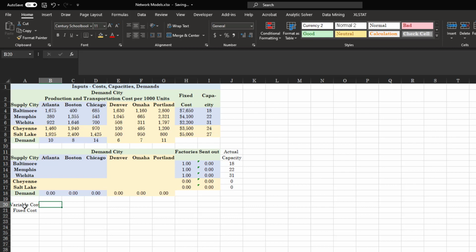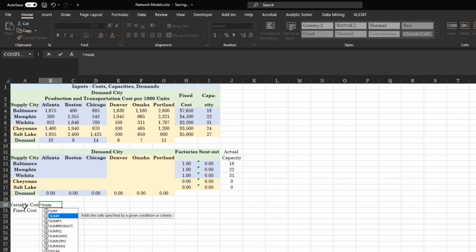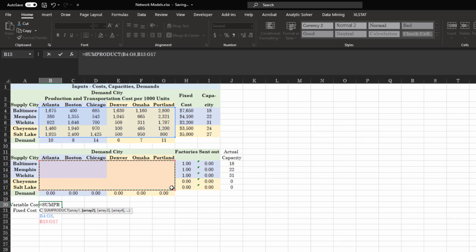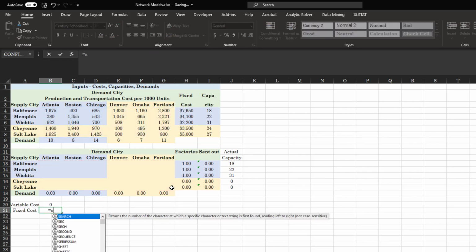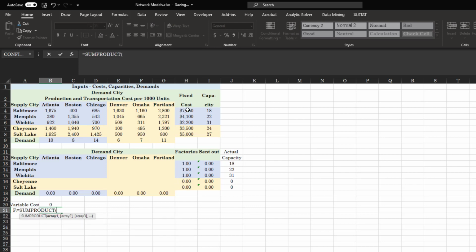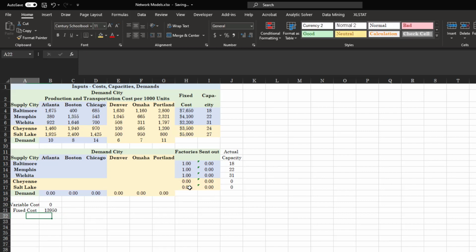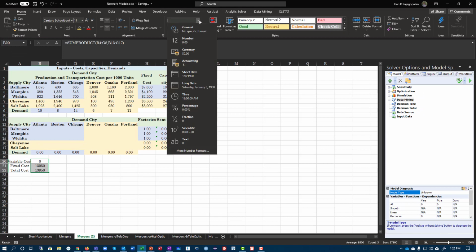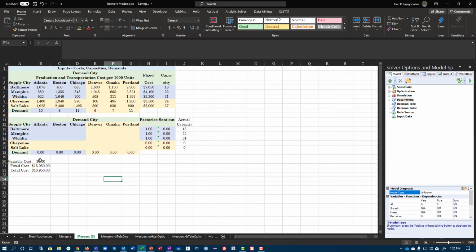Your variable cost is a SUMPRODUCT. We're going to take all these costs, comma, all these, right? Your fixed cost is a SUMPRODUCT. In this case, you select all your fixed costs, comma, this, and your total cost is the sum of these two, right? So once you have set this up, you can now use the same thing for each one of those questions. So the objective here, of course, is to minimize this.